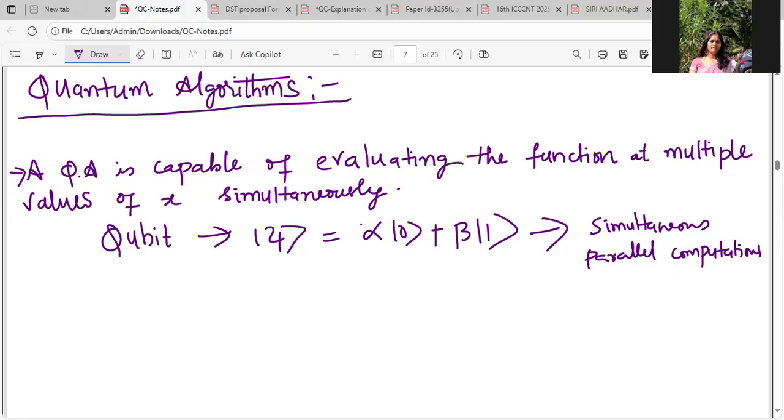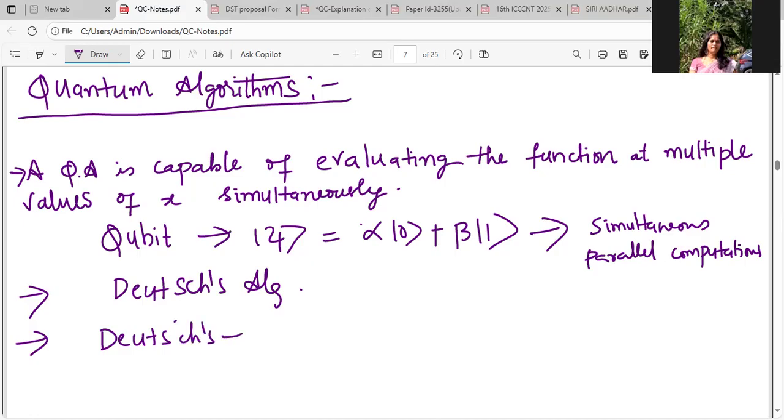So it allows simultaneous parallel computation that cannot be done even in principle on a classical computer. Now, talking about quantum algorithms, the first thing we should remember is that there is a set of quantum algorithms: the Deutsch algorithm, the Deutsch and Jozsa algorithm, Shor's algorithm and Grover's algorithm.